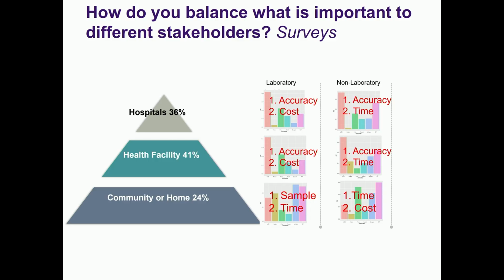But these are just some examples of methods you can use to really tease out whether your product development effort is going in the right way. And it's not just for tests. This could be for medical devices. I think one of the most popular ones right now being discussed is ultrasound, point-of-care ultrasound. So the user in point-of-care ultrasound is highly controversial, depending on what country you're in.